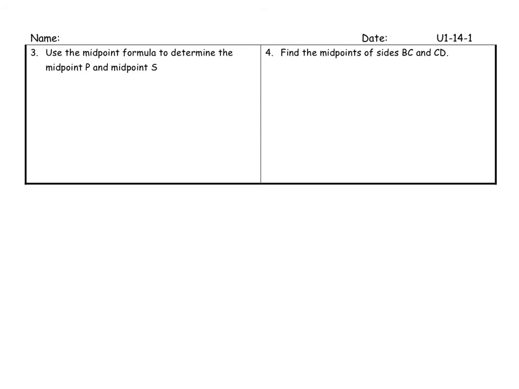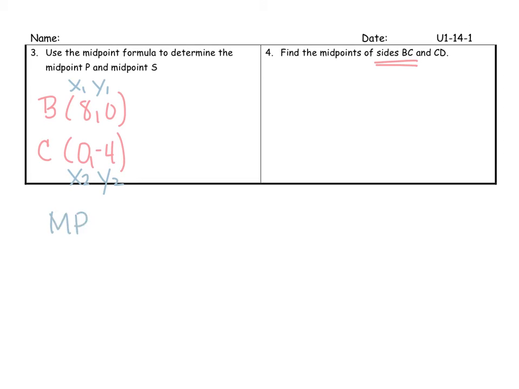Okay, hopefully you've worked these problems out on your own. We need to find the midpoint of side BC. Point B is 8, 0. Point C is 0, negative 4. I'm going to use point B as my x1, y1, and point C as my second point, x2, y2. To find the midpoint, I'm going to take the average of my x values and the average of my y values.